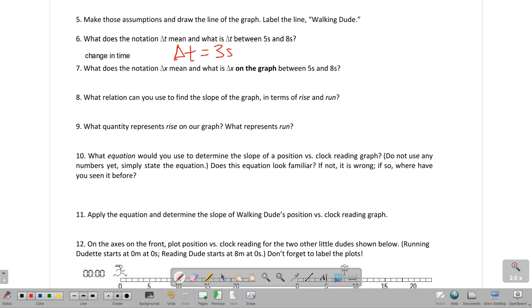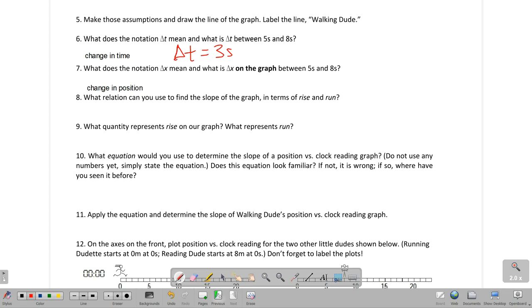Then right below it, it says, what does the notation delta x mean, and what is delta x between 5 and 8? Again, it's change in, in this case, position. So we need to know what the change in position is between 5 seconds and 8 seconds.